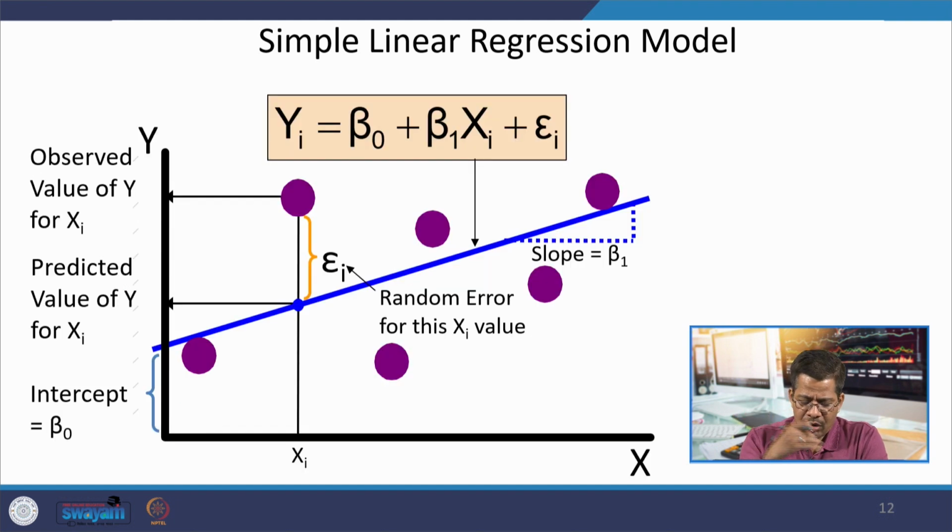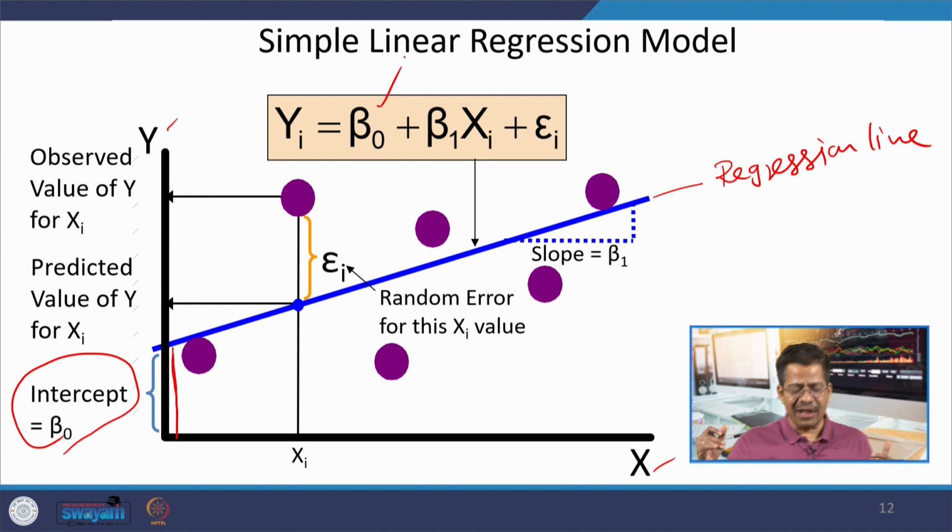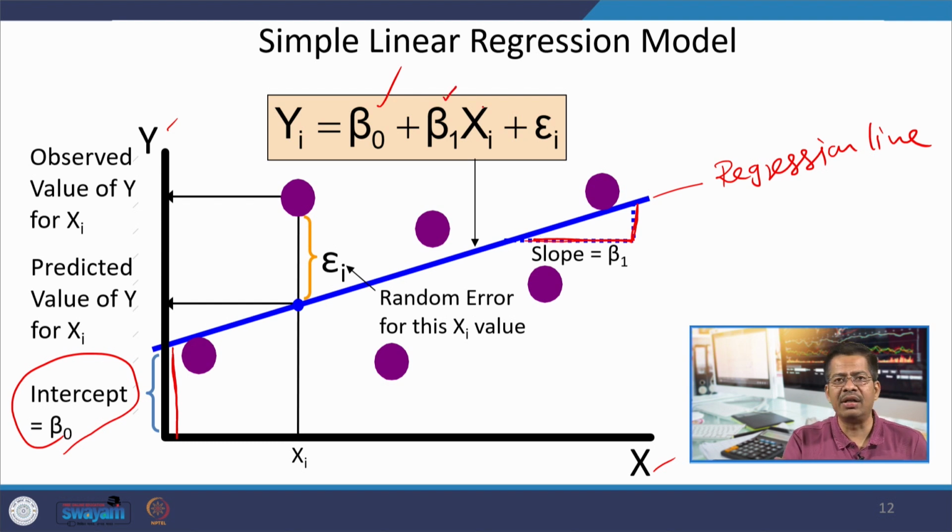If you see this particular diagram, it is very well articulated: x axis, y axis, this is the regression line, and on this regression line, this is the intercept on the y axis, which is b naught. The slope of this line is beta 1, the coefficient for the independent variable x i, and then the random error term.